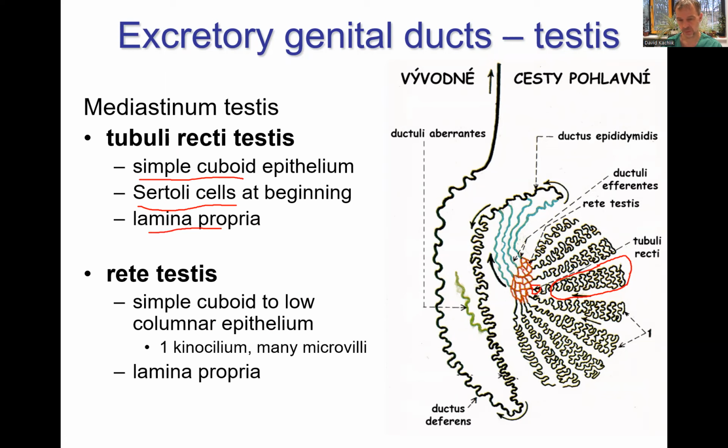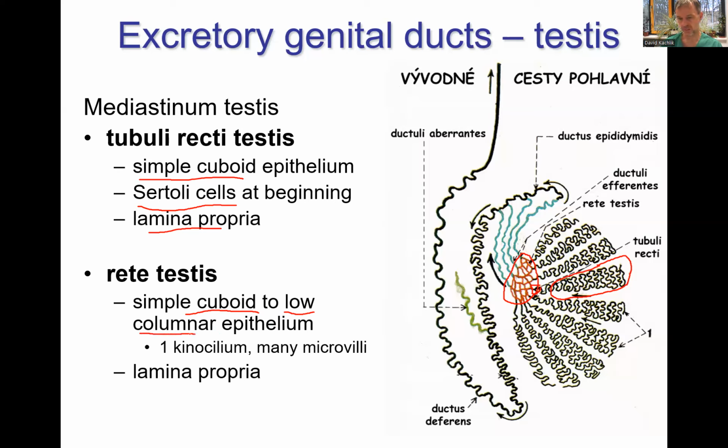These short tubuli recti, they meet in a network, they are connected, and they form within the mediastinum testis the rete testis. Again, we have cuboid epithelium, sometimes the cells are even low columnar.